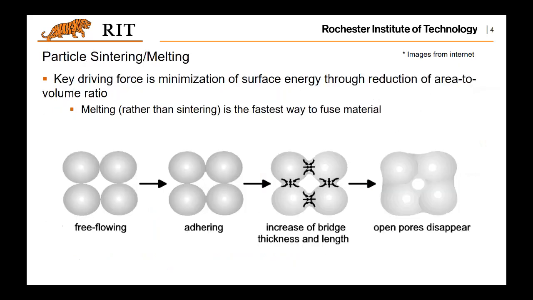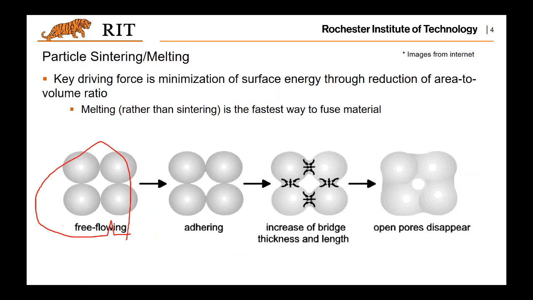So what happens to the material particles? Basically, there will be sintering or melting. As you can see here, originally the material powder is separate. There's no connection between them.